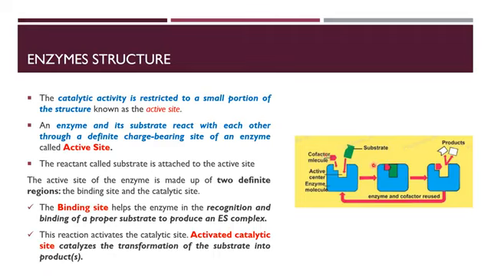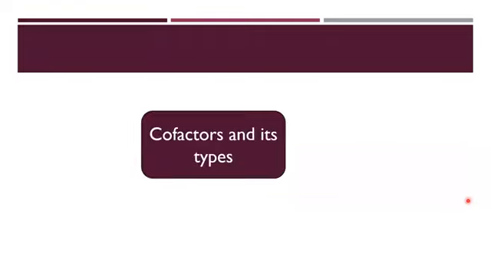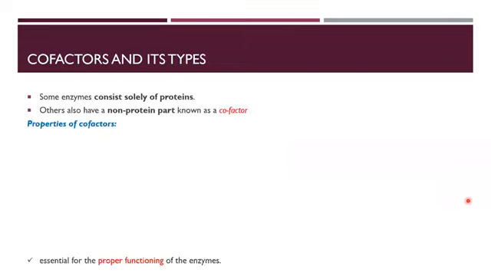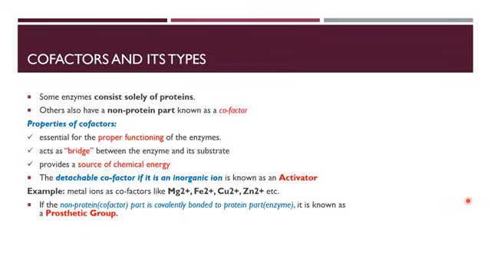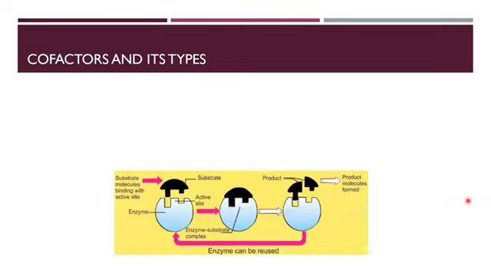The substrate will not bind to this active site unless this cofactor is attached to it. When the cofactor gets attached, then the substrate will be attached to the enzyme. Now it is responsible for the catalytic activity of being converted into products. Okay, we are done with this part. I just moved to the previous slide for the diagram.